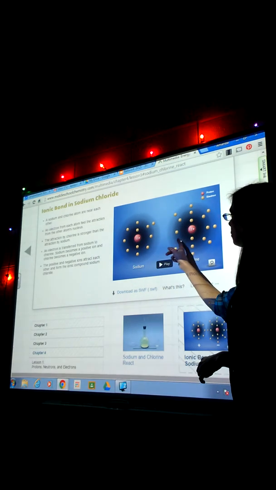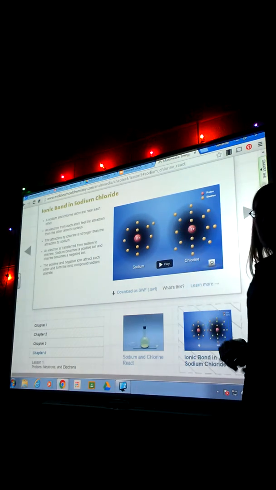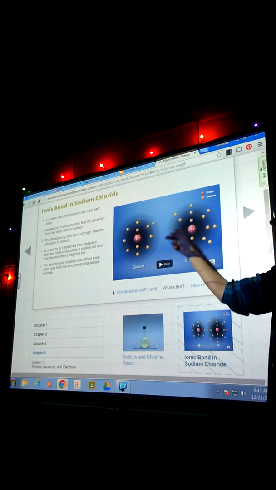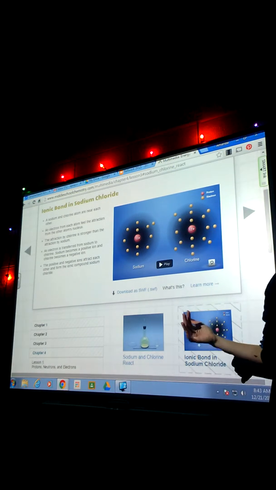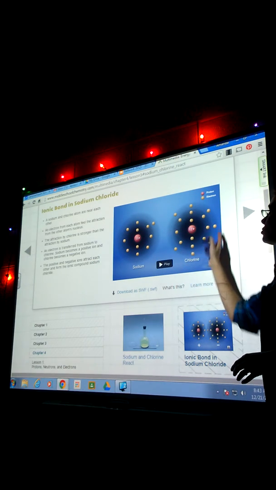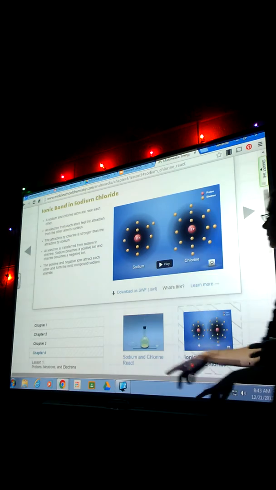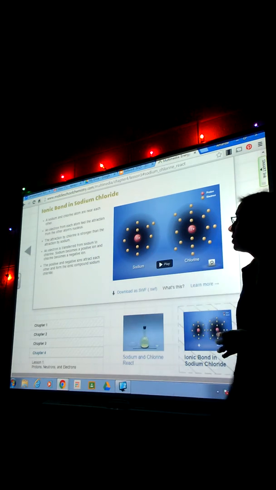Okay? Chlorine, first energy level filled with 2. That's the max. Second energy level filled with 8. And the third energy level is filled with 7. Now we know that atoms prefer to have filled energy levels. So sodium has 1, chlorine has 7. So what does sodium want to do with its extra electron hanging out there?